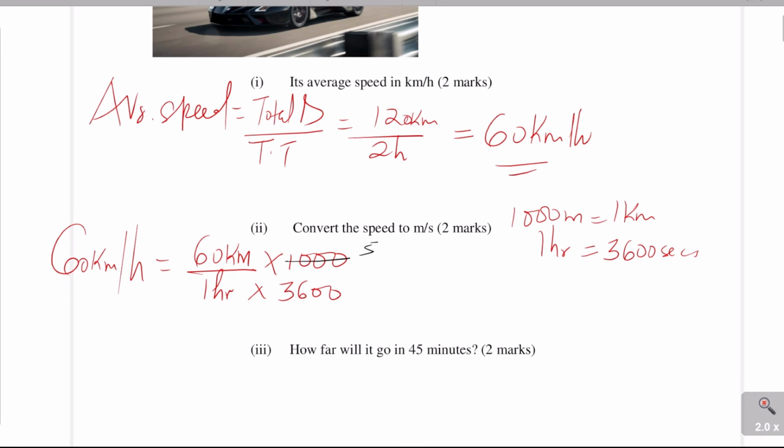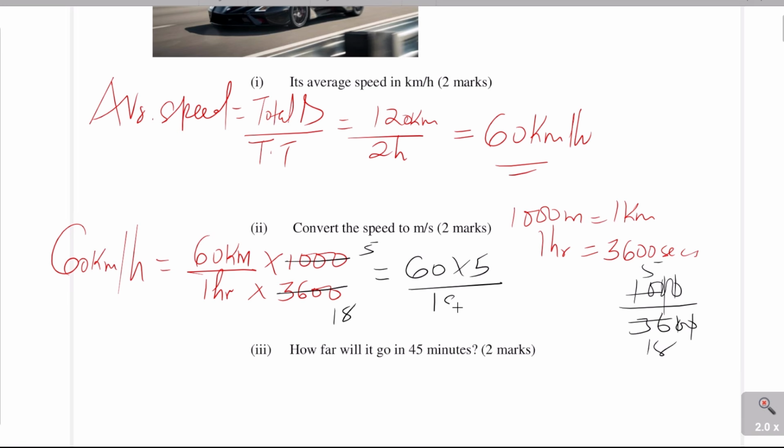You can do that manually: by 2 you get 18, by 2 you get 5. You cancel the 2 zeros, so that is how you simplify this to get 5 over 18. So this will give 60 multiplied by 5 divided by 1 times 18. Again, you can simplify this by 6, 3.